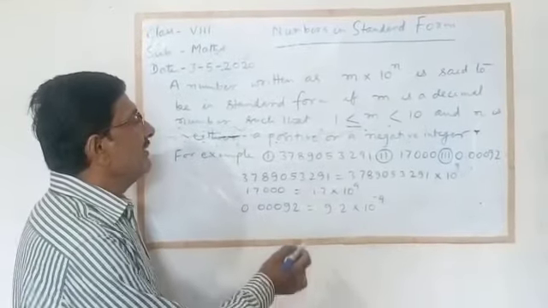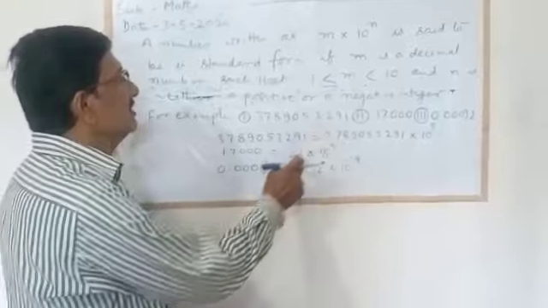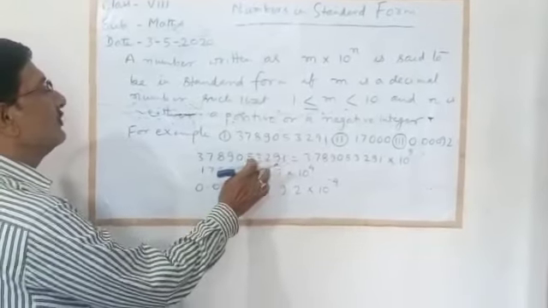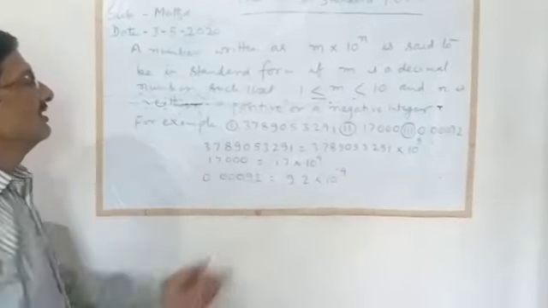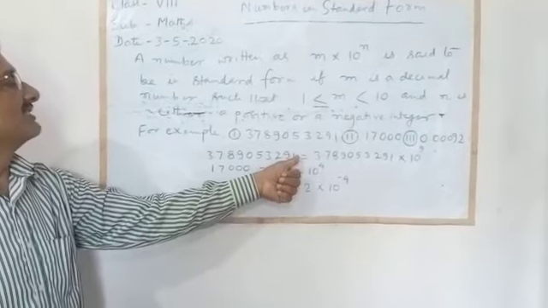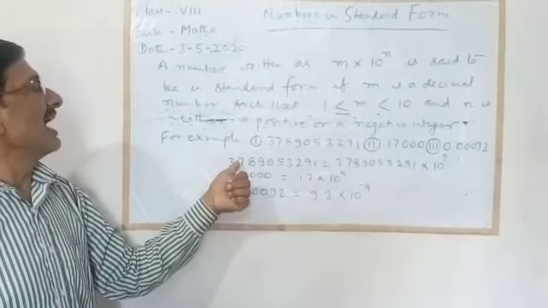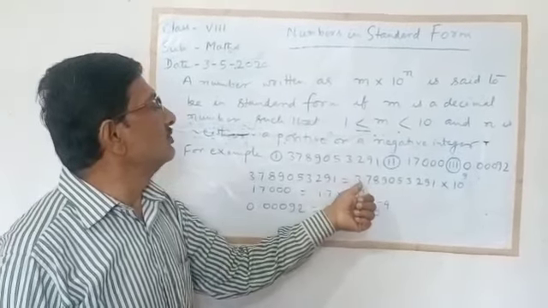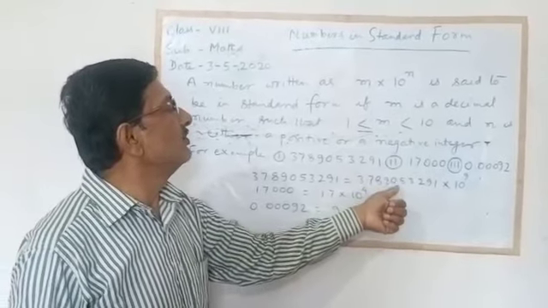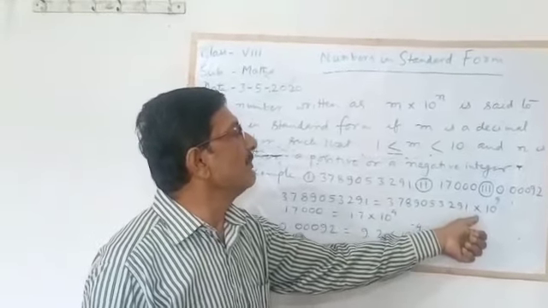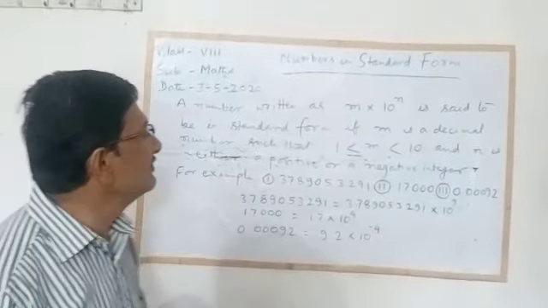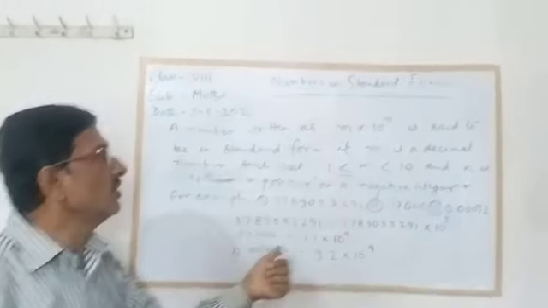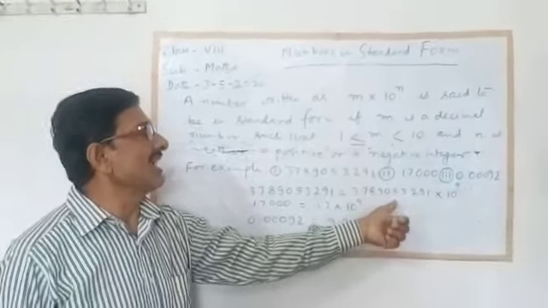For this, we have to bring the decimal here. How many places do we have to go back? 1, 2, 3, 4, 5, 6, 7, 8, 9. We put the decimal 9 digits behind, so that will be equal to 3.789053291 into 10 to the power 9, because we have shifted the decimal 9 digits back.